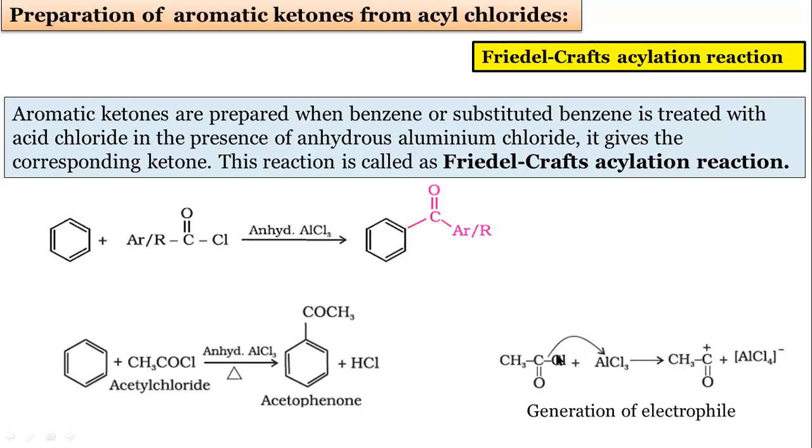CH3COCl, this is acyl chloride, plus AlCl3, which is used as a catalyst. The role of the catalyst in this reaction is to generate the electrophile. CH3CO is the electrophile, which is directly bonded to the benzene ring. This part was actually completed in 11th standard, but for knowledge purposes, I have shown here how the electrophile is generated and how we get the product.